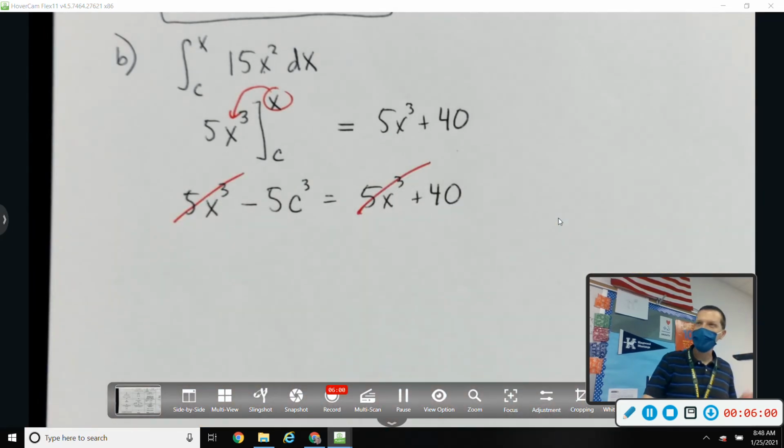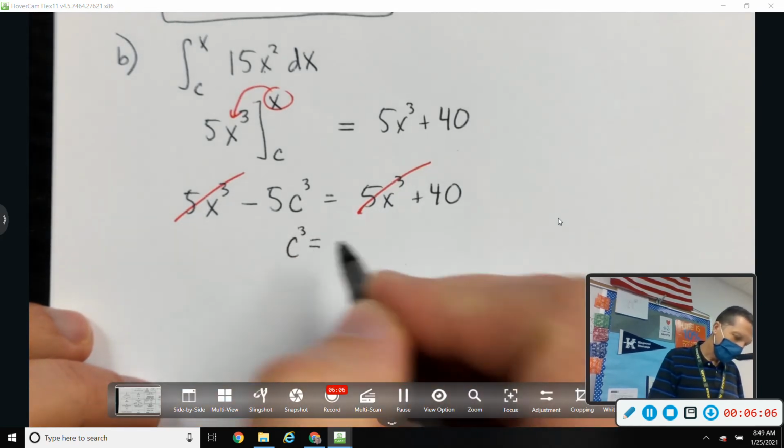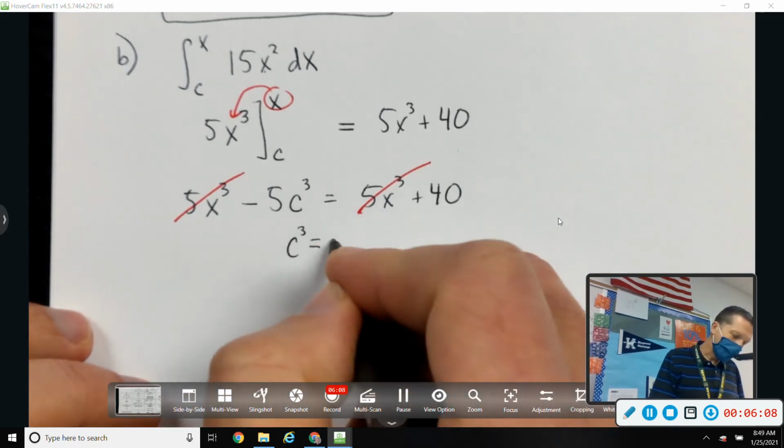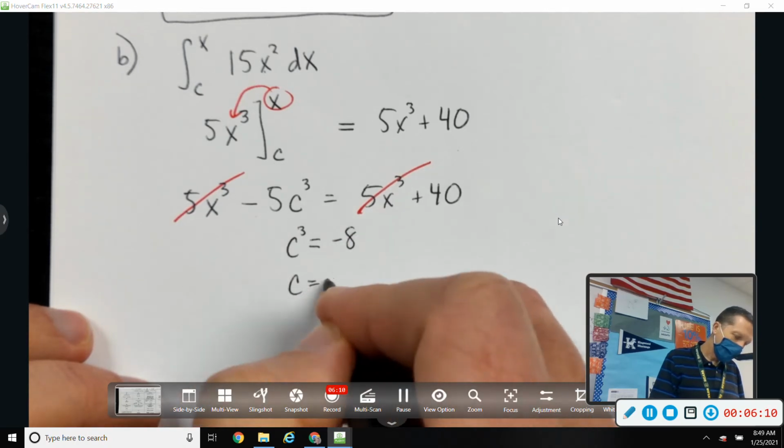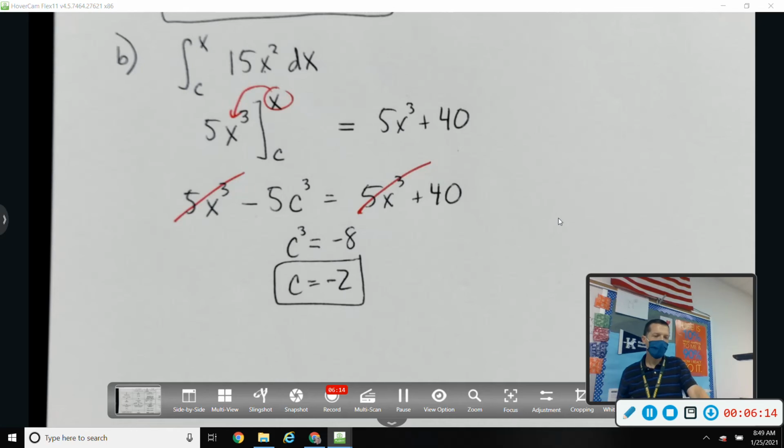The 5x cubed will go away, and now I can just figure out what c is. Divide both sides by -5. So c equals -2. That's a weird question.